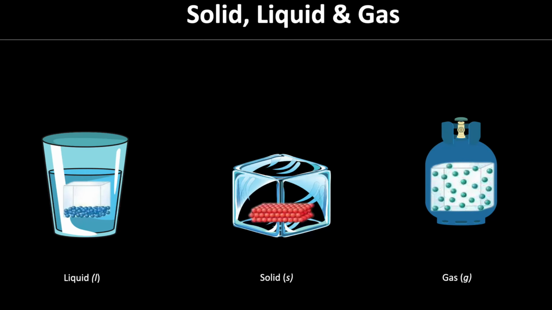Solid, liquid, and gas. You will be asked a question to identify the different characteristics of solid, liquid, and gas. So let's start with liquid. Liquid has a definite volume but assumes the shape of its container. If you were to pour a glass of water into a bowl, it would form the shape of the bowl. If you were to pour the glass of water into an ice cube tray, the water would form the shape of the ice cubes.